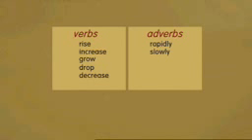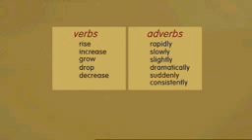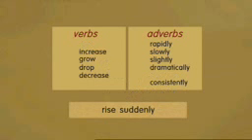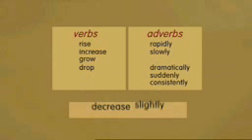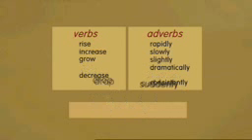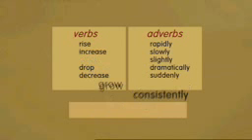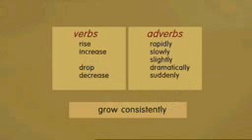Rapidly, slowly, slightly, dramatically, suddenly, consistently. By using these new words, we can describe data by using verbs and adverbs. We can say to rise suddenly, to decrease slightly, to drop suddenly, to grow consistently.